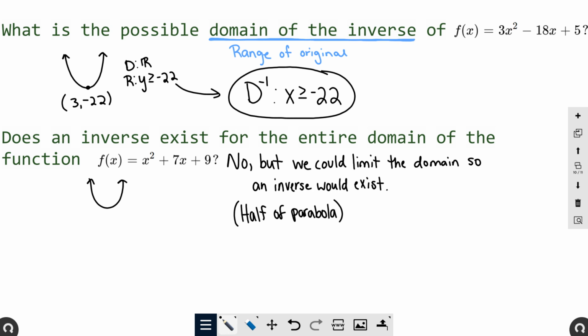Now, it doesn't matter what half you get rid of. It could be the left side or the right side. So let's figure out what domain we would limit this to in order for it to exist. So we need to find the vertex. The vertex will help us find what that domain would need to be. So type it in your y equals, find your vertex.